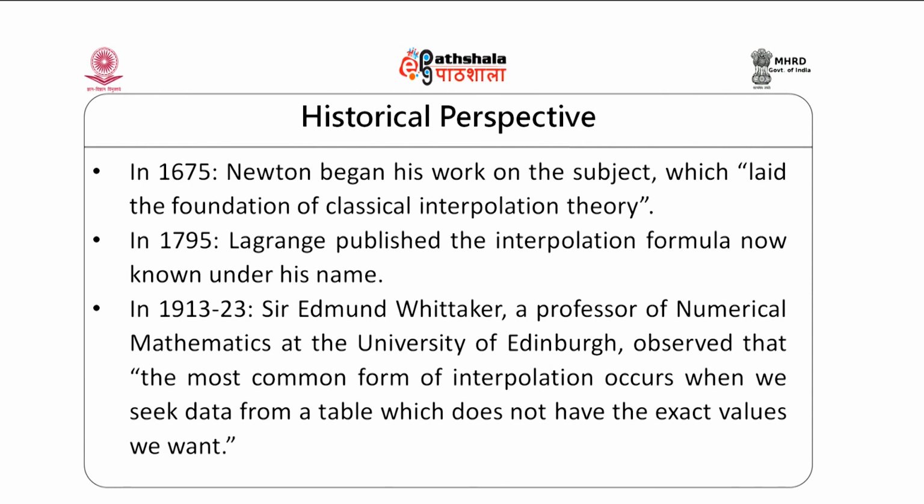Then in 1675, Newton began his work on the subject, which laid the foundations of classical interpolation theory. In 1795, Lagrange published the interpolation formula now known under his name, and in 1913 to 23, Sir Edmund Whittaker, a professor of numerical mathematics at the University of Edinburgh, observed that the most common form of interpolation occurs when we seek data from a table which does not have the exact values we want.